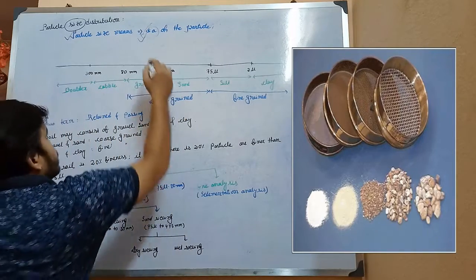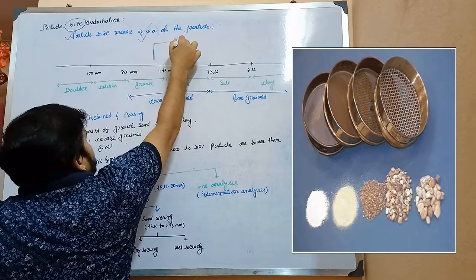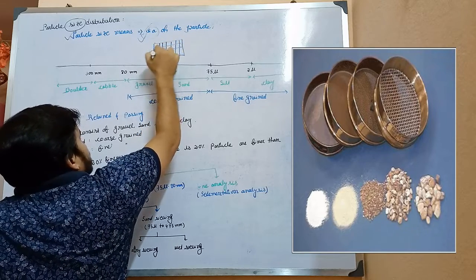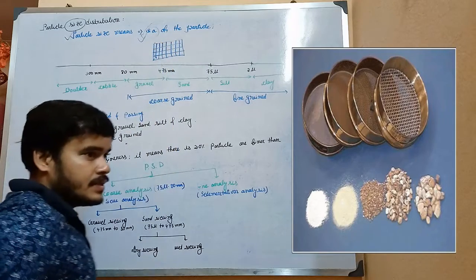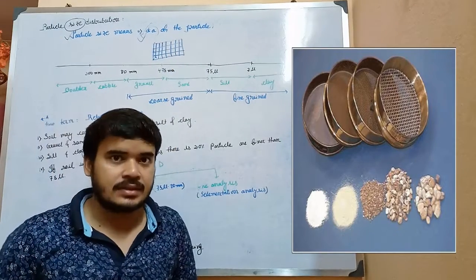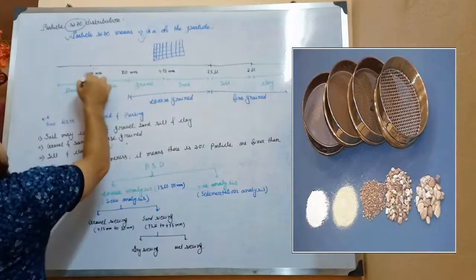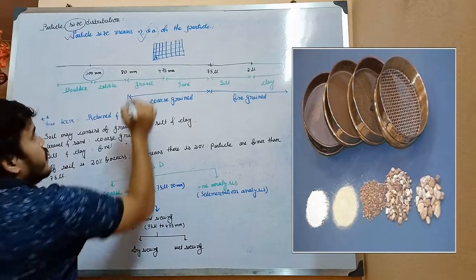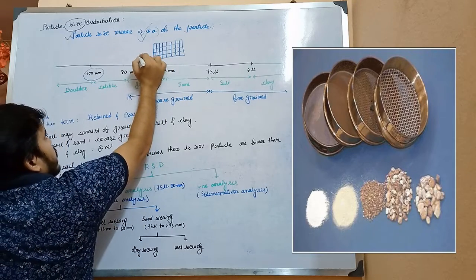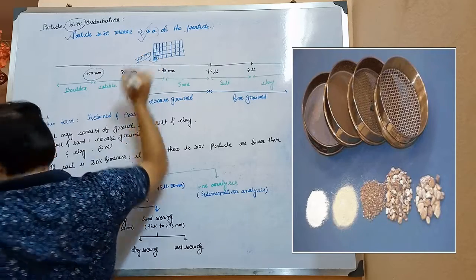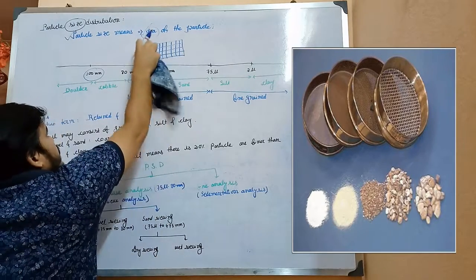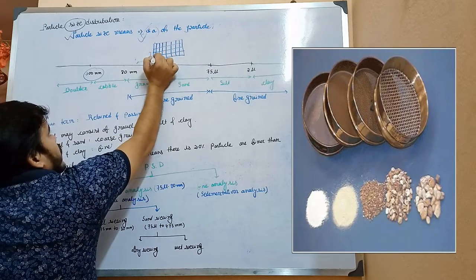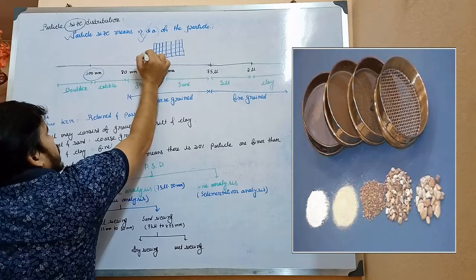Sieve, in general terms, we call it a chakni. And this 300 millimeter means the size from here to here is 300 millimeter, and 80 millimeter means the size of one box is smaller, 80 millimeter.